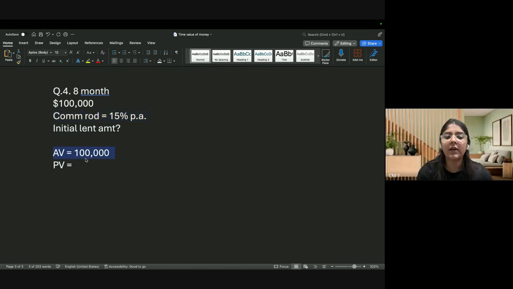Whenever commercial is written, it is simple discount rate. Whenever effective is written, it is compound discount rate. Okay. So how will you calculate your present value now?